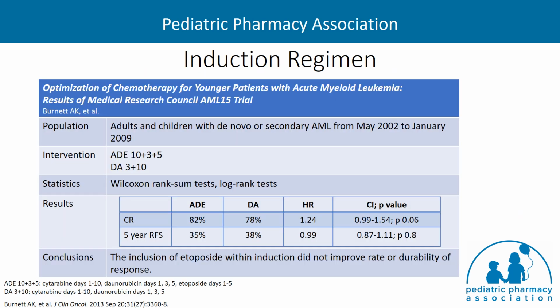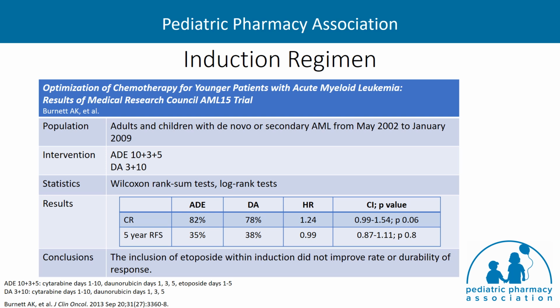In an effort to continue to improve our overall survival for pediatric AML, there have been various attempts to modify the chemotherapy regimens and include various agents to try to improve overall survival.